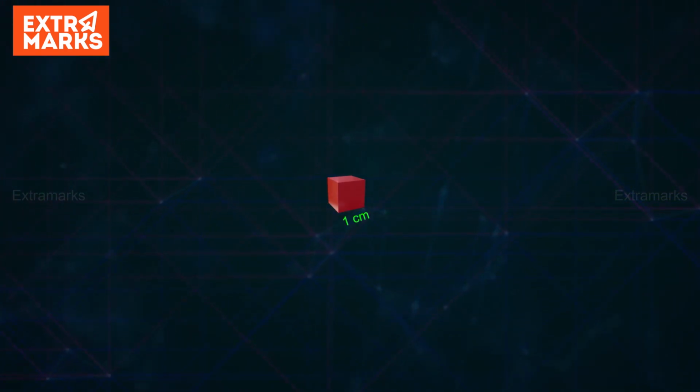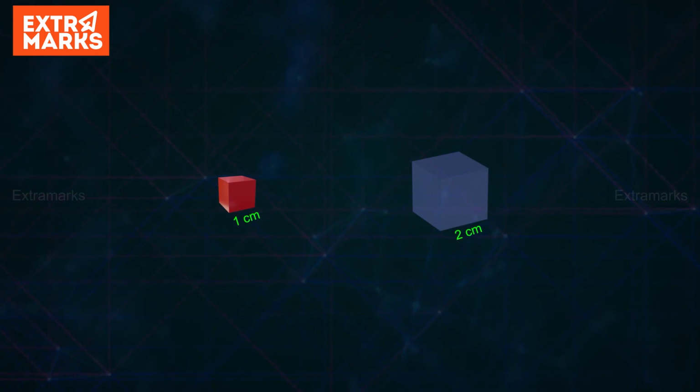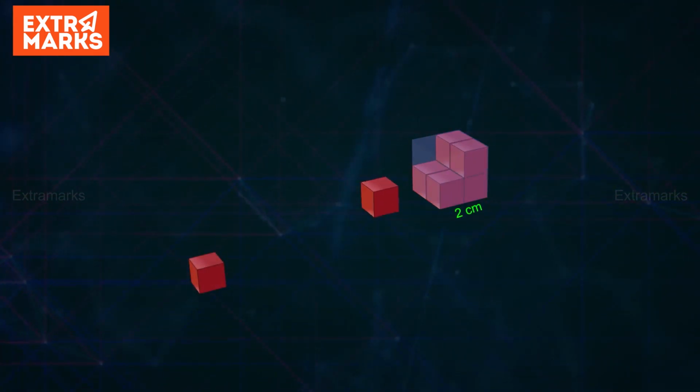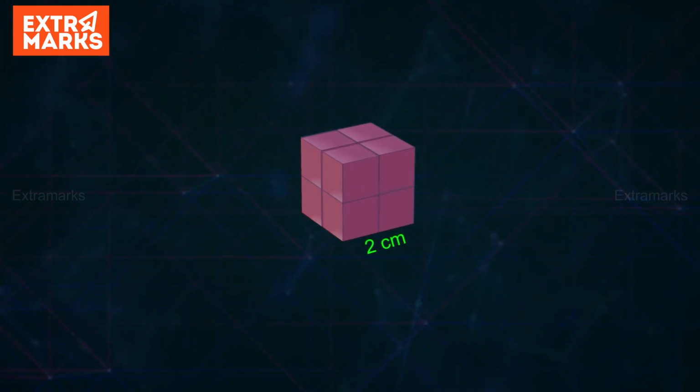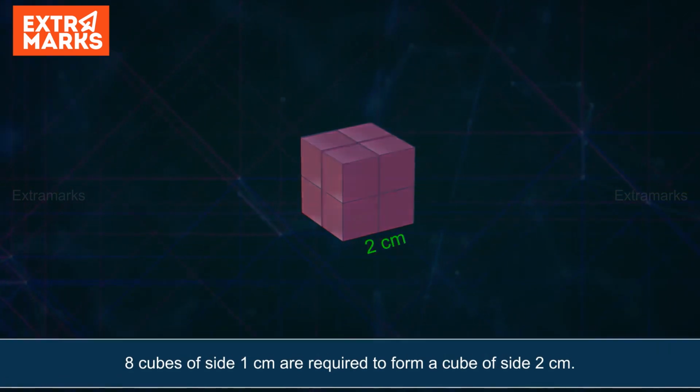Consider a cube of side 1 cm. Can you tell the number of such cubes required to form a cube of side 2 cm? Let's see how many cubes are required. We observe that 8 such cubes are required to form a cube of side 2 cm.